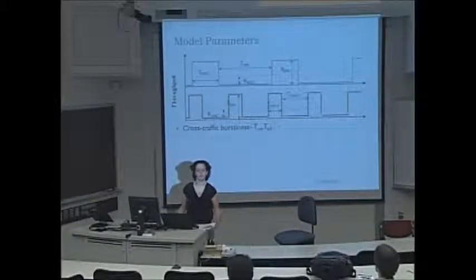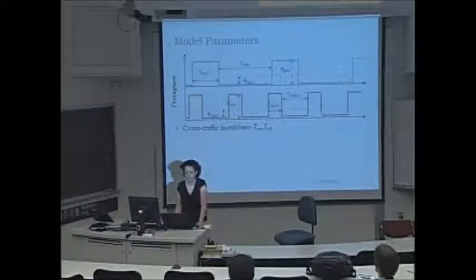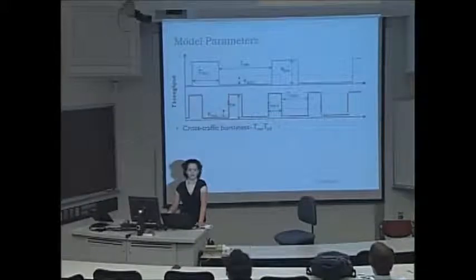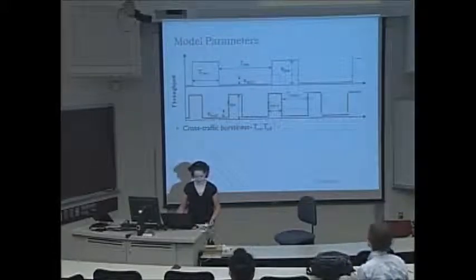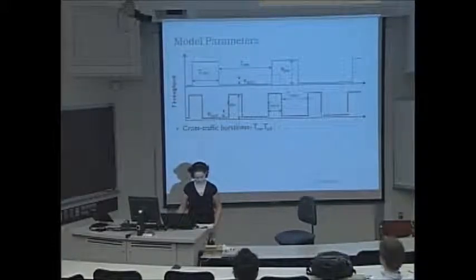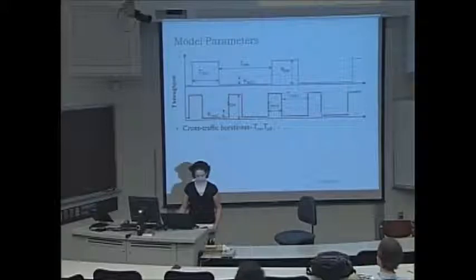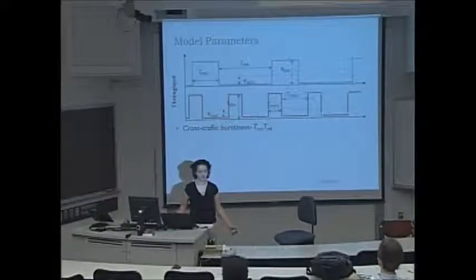There are several parameters of interest within this model. First would be the cross-traffic burstiness. The cross-traffic sender is sending for a certain amount of time, T on, and not sending for the next amount of time, T off. So T on is how long the burst lasts, and T off is the time in between bursts.